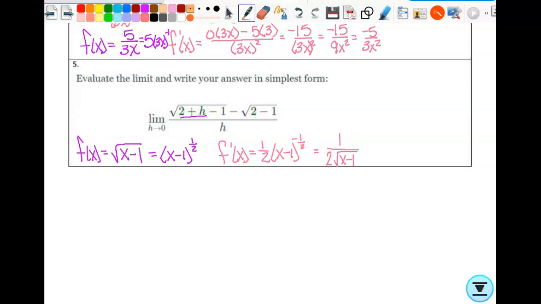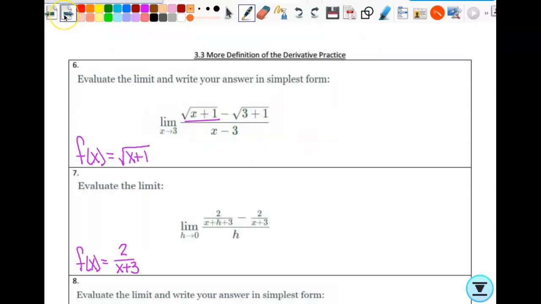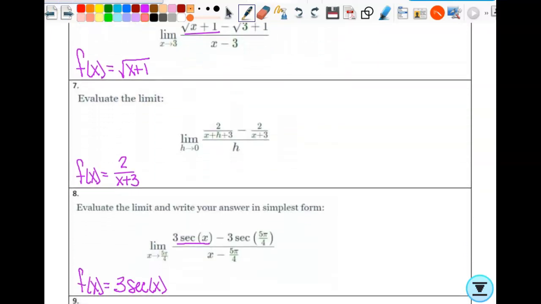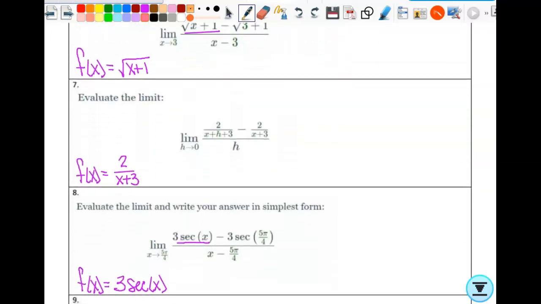All right, flip it over and do the derivatives on those. And remember, psst, when you need to.